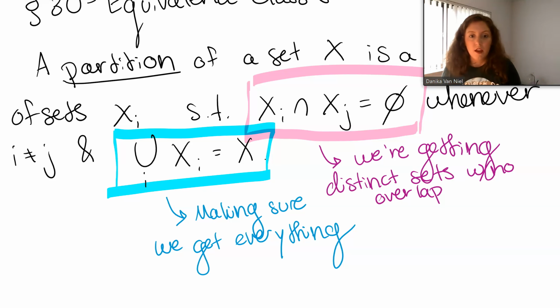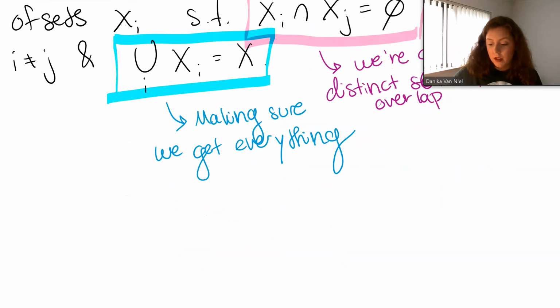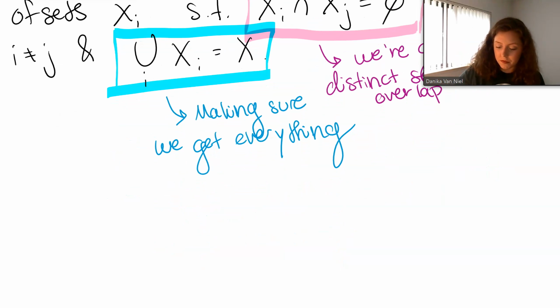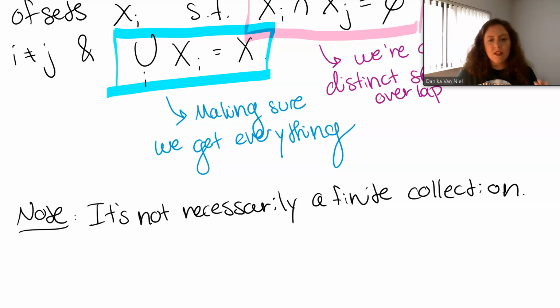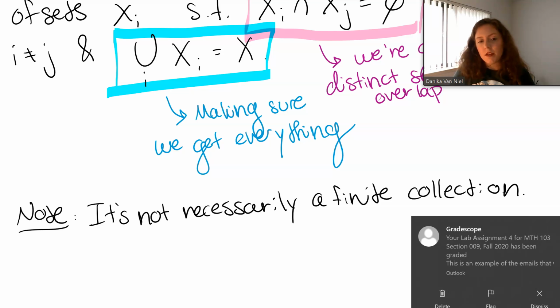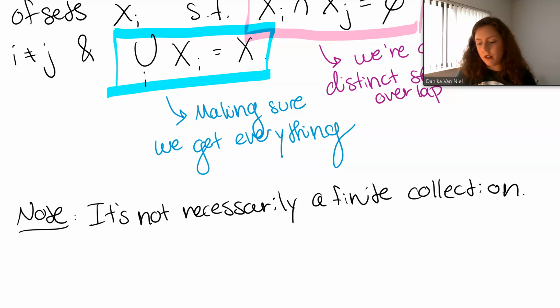Okay, so let's make a note that it's not necessarily a finite collection. I don't think this is of huge importance right now, but actually it might be, because I remember in the past there was a homework question where we were looking for an infinite partition.